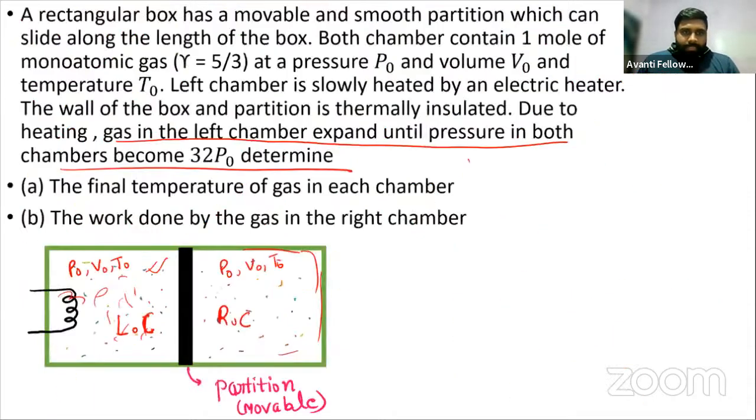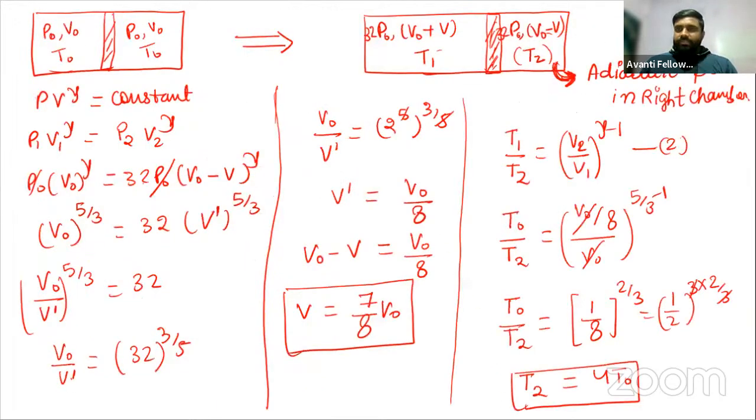Now, if we calculate the work done by the gas in the left chamber, because this gas is compressing the right chamber, what is the work done?